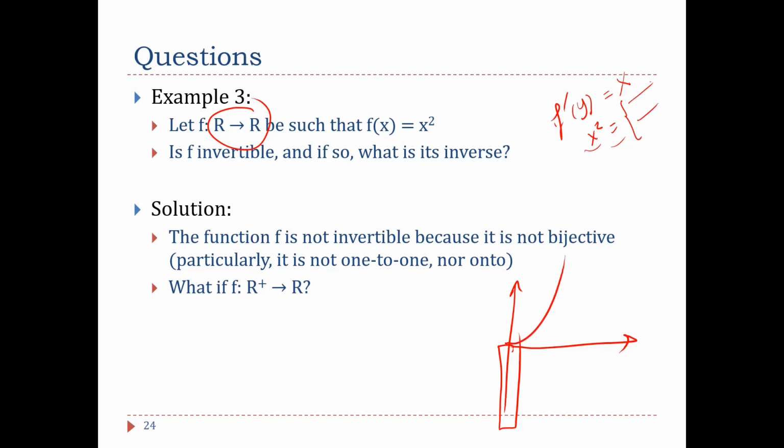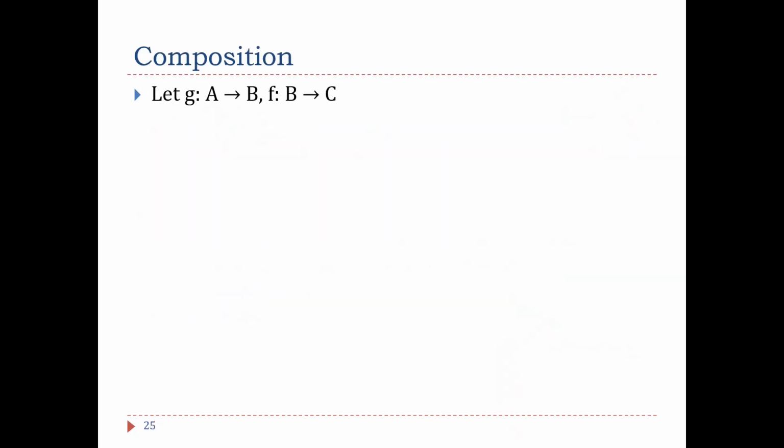But if we restrict both the domain and the codomain to R plus, then in this case the function is invertible, and every element in the codomain has exactly one pre-image, and then the f minus 1 inverse function is definable. Okay, so let's switch to the other topic, which is composition.